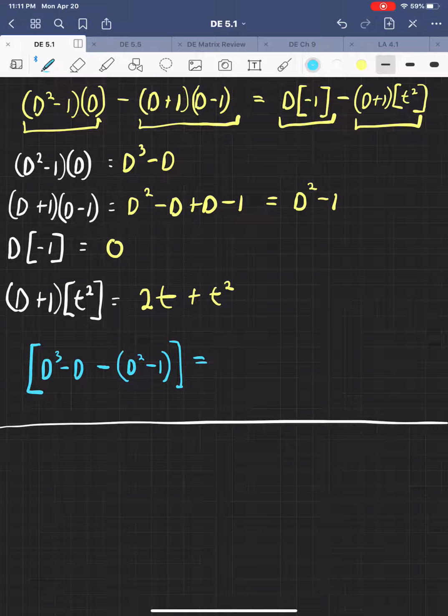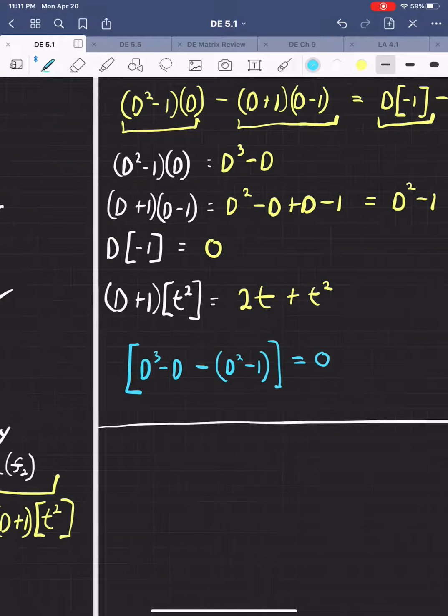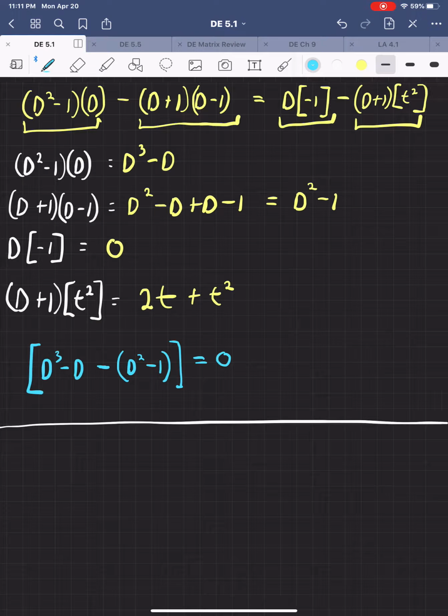And that's going to be equal to, well, that was 0 plus, in this case actually 0 minus, yep, 0 minus, and again let me use my grouping symbols. So that's 2t plus t squared. Okay, so everything is in the right spot.